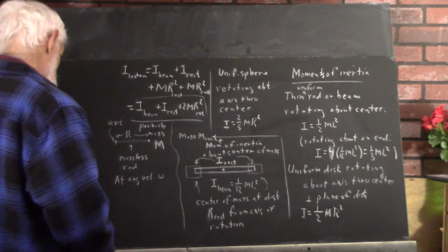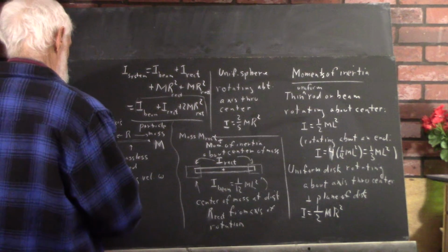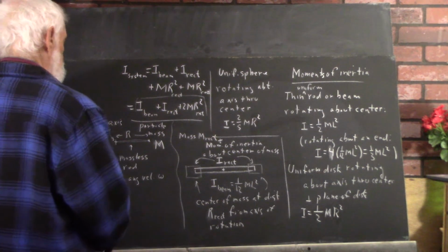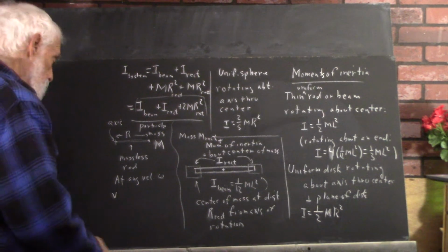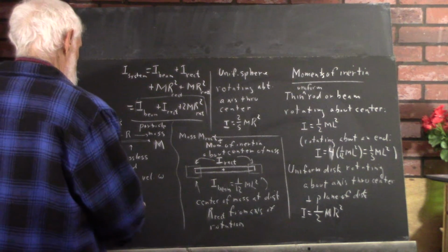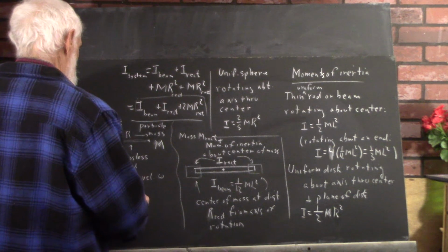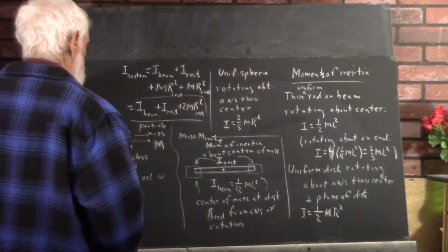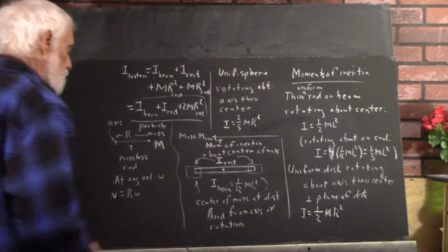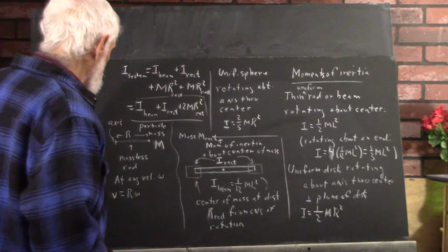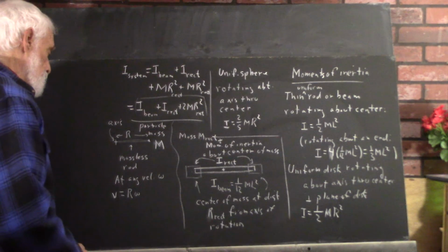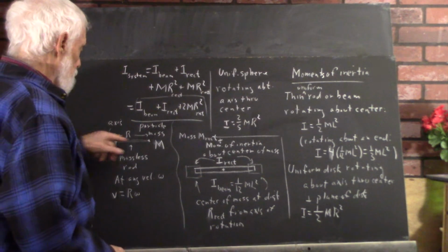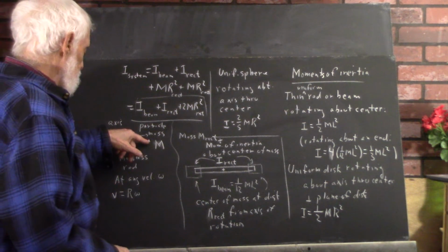At angular velocity omega, the speed v of the mass, and I'm going to take that to be implicit, is r times omega. And we know that quite well, so it should be very clear that we're talking about the mass at this point.